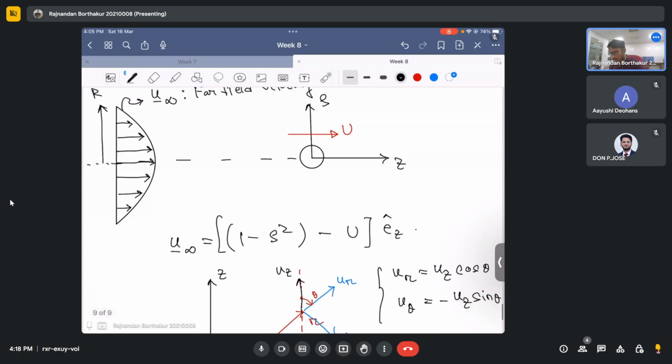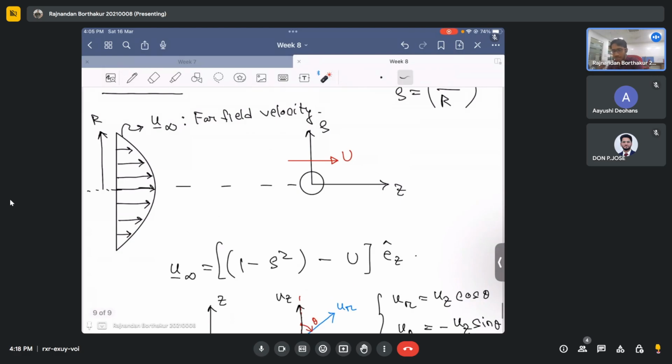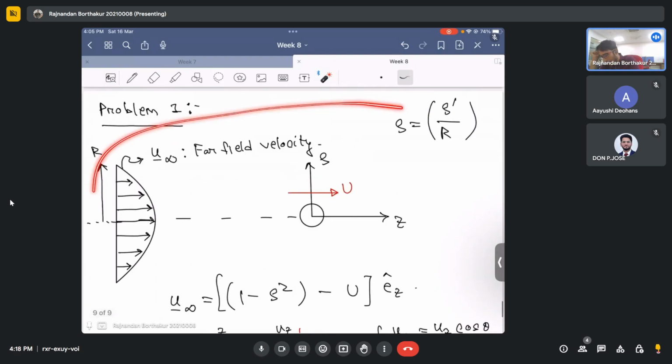So as I said, the objective is to evaluate the unknown velocity u with which this sphere of radius 1 moves. Everything that you saw here is non-dimensional. So if a non-dimensional sphere of radius 1 moves in this parabolic flow, what would be this velocity if I don't constrain the sphere to remain fixed at a particular location?